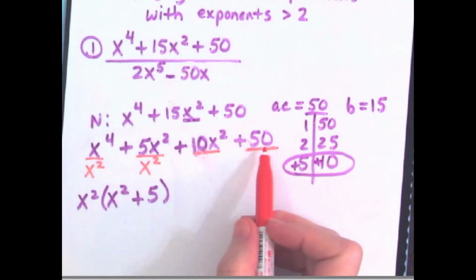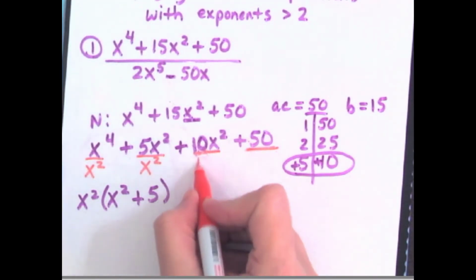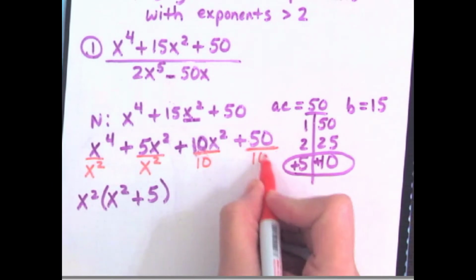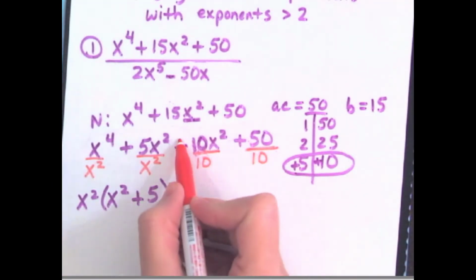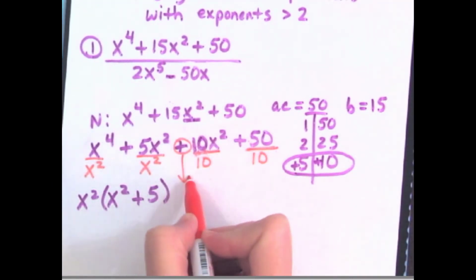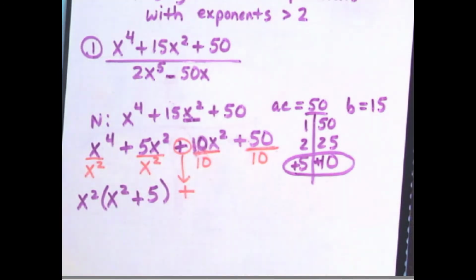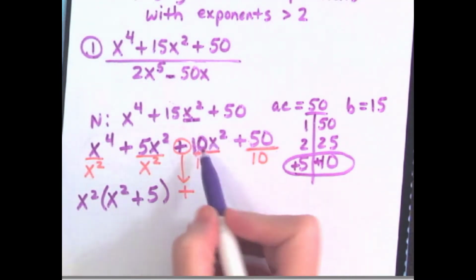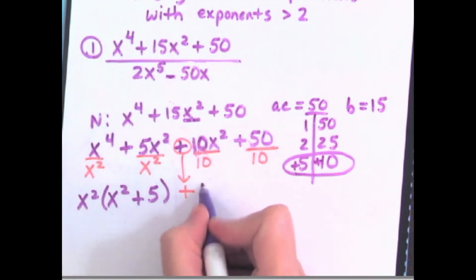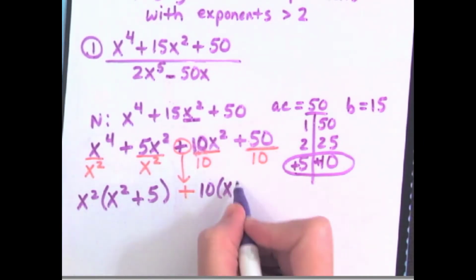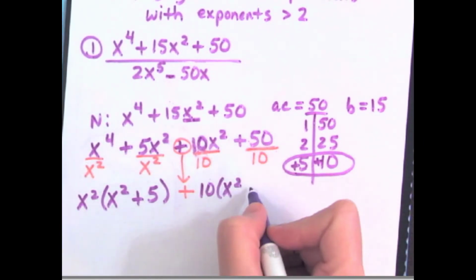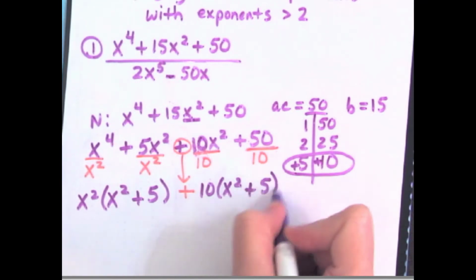Now we'll look at the next 2 terms, and we can take out a 10. And remember, whatever that sign is, that's the sign that's going to go in the middle here. So we're taking out a positive 10. So here the 10s cancel, and we're left with x squared, and then 50 divided by 10 is 5.